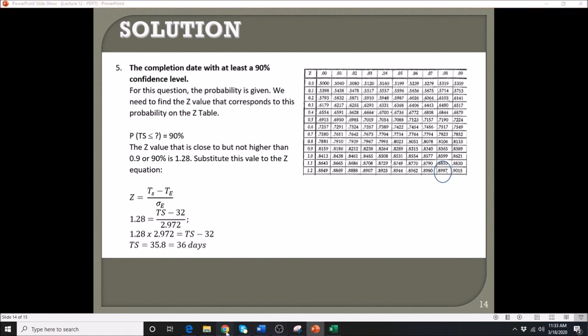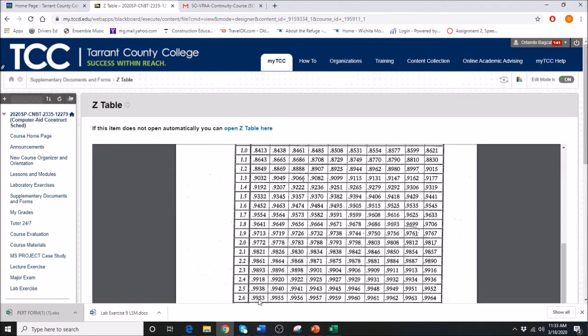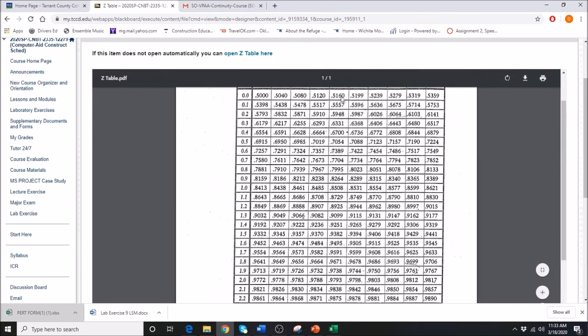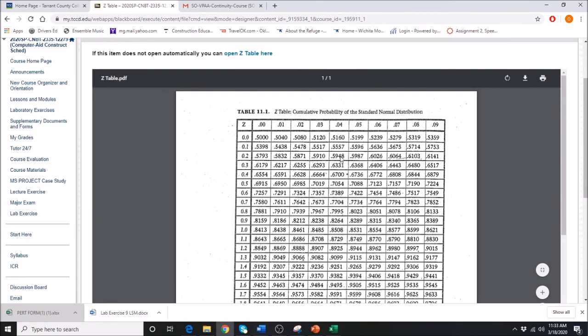Okay, going back into here, that should be on your 1.64, this one, and under your 4, going down, this is your closest to 95%. So it is located at 1.64. We cannot use 0.9505 because it's above 95%.